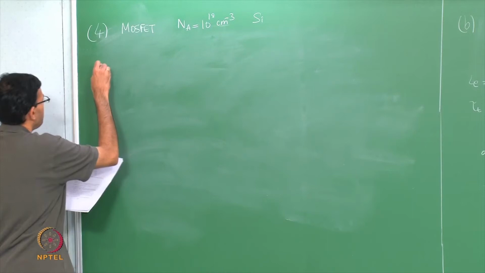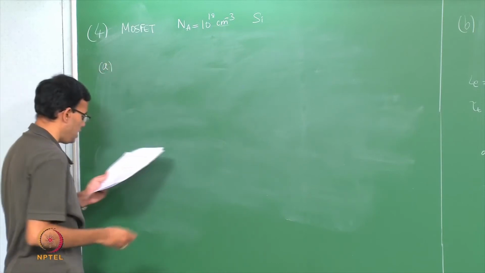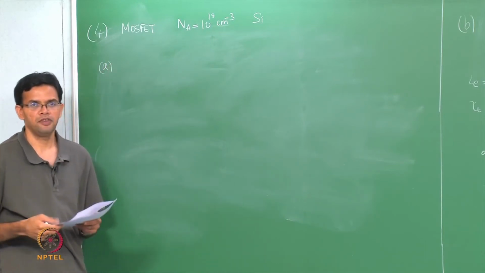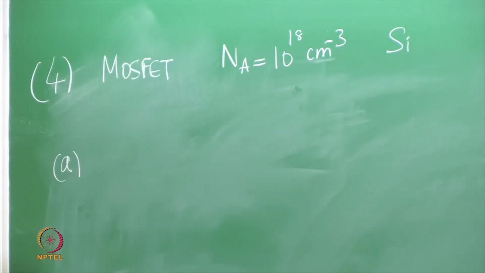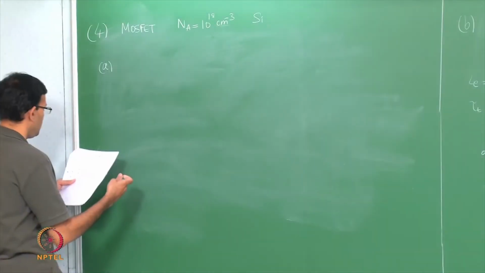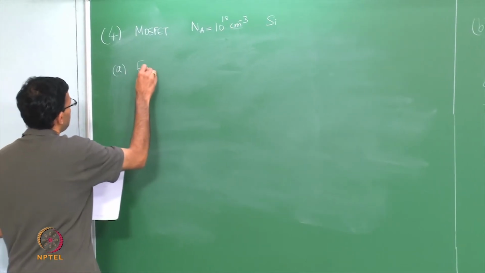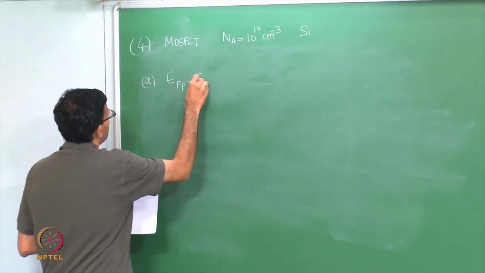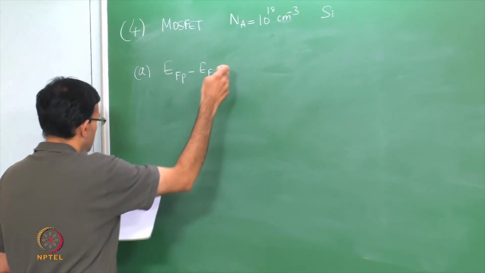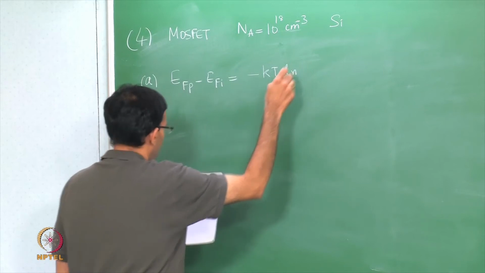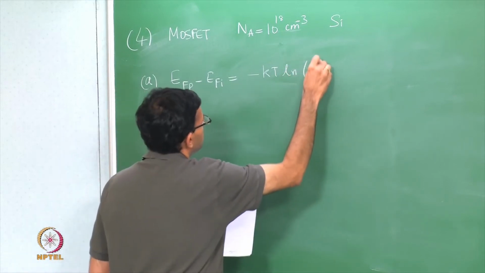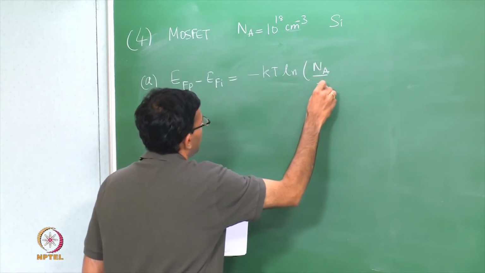So, part A, we need to determine the position of the Fermi level. So, Fermi level position we can just calculate, it is a p type doped material. So, E_p minus E_i is minus kT ln of Na over Ni.